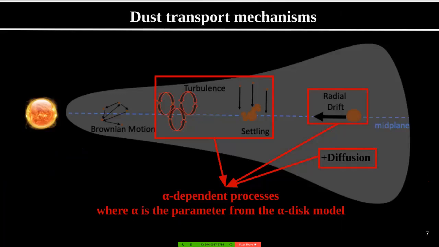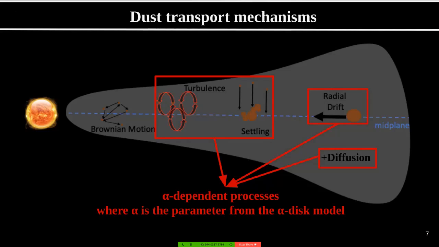We believe that we can encode the turbulence into the alpha parameter, so all the dust transport mechanisms depend somehow on this alpha parameter. And if you assume the MRI to be the main driver for the turbulence, alpha should be completely constrained by the disk ionization.